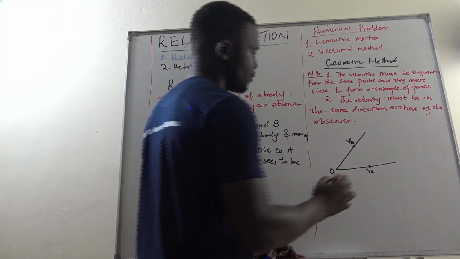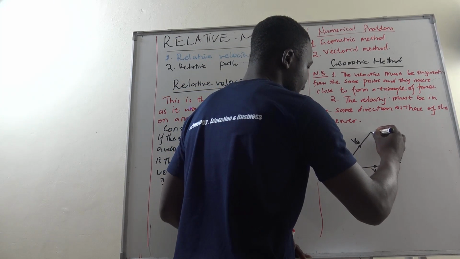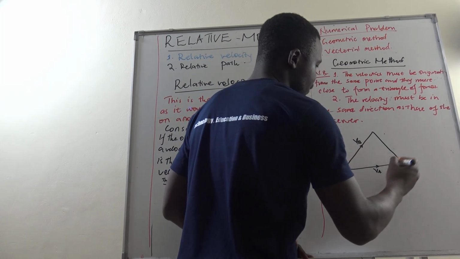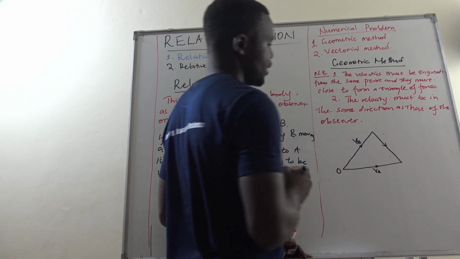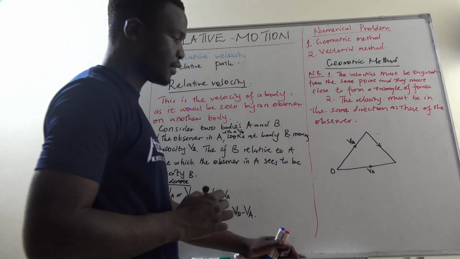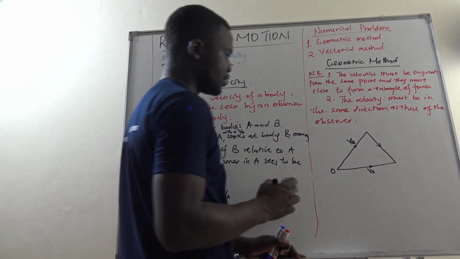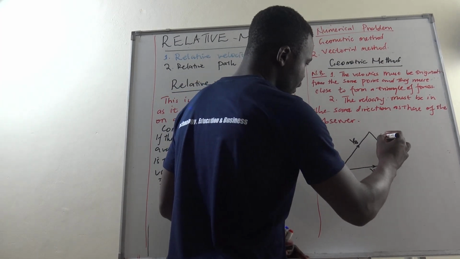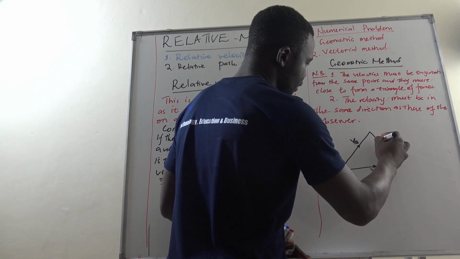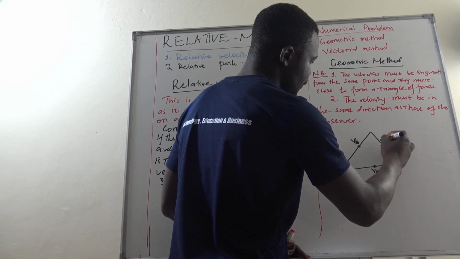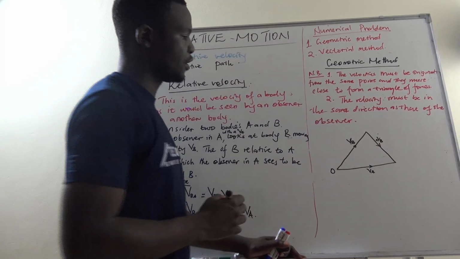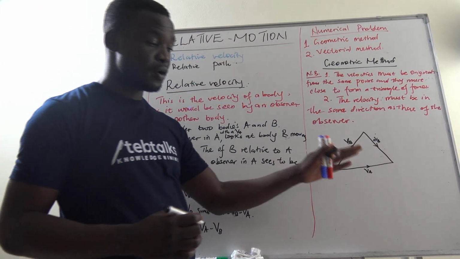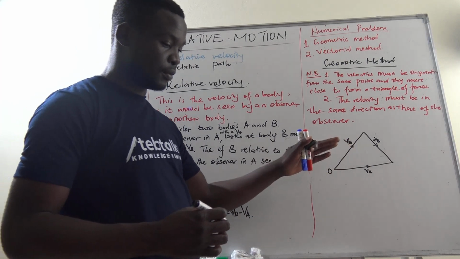At the end of the day, their relative velocity is around here, and this will give us the velocity of A relative to B. This will give me the velocity of A relative to what?